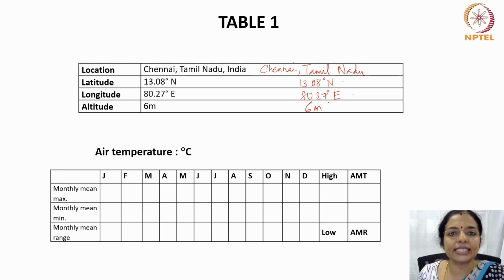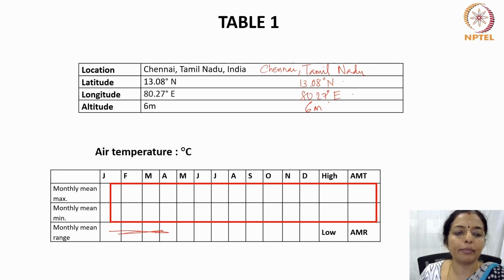Then the next step is you find out the monthly mean range, which is the difference between monthly mean maximum and monthly mean minimum, and that will be entered in this row.